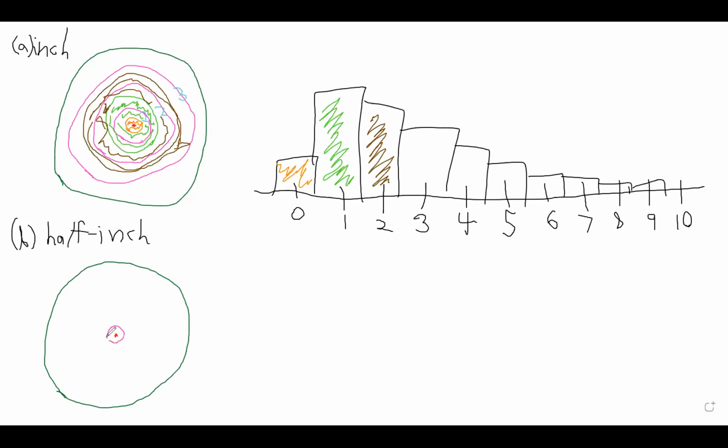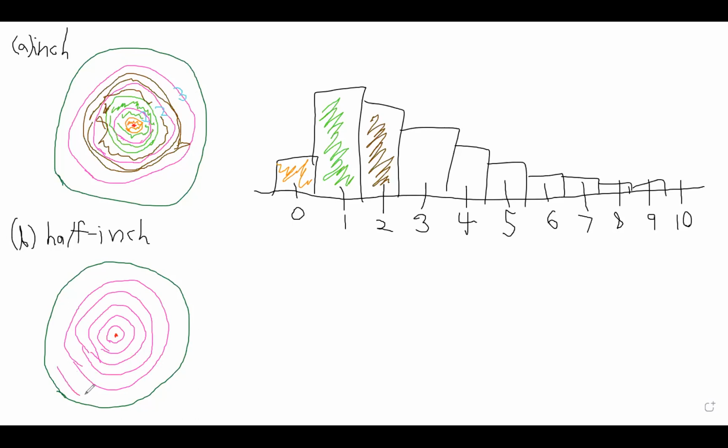So now this is a half inch away. This is 2.5 inches away. This is 3.5 inches away. This is 4.5 inches away. This is 5.5 inches away. I'm going to do one more. So it corresponds with this.